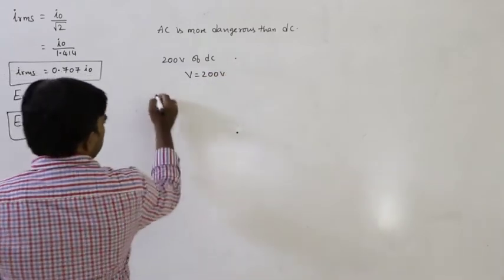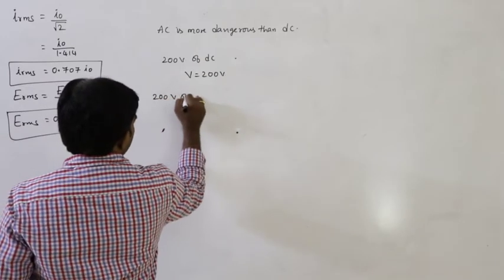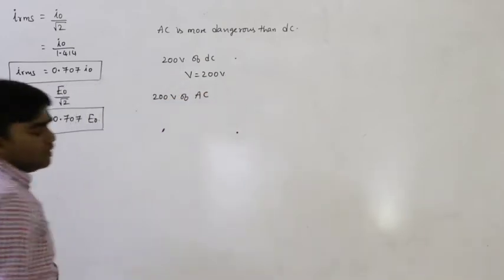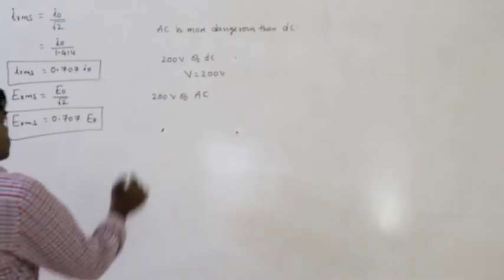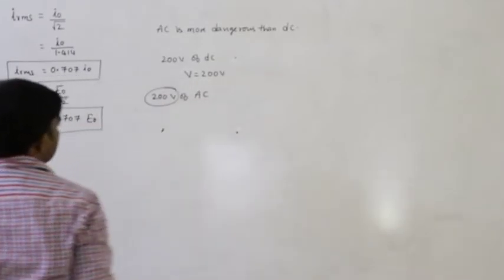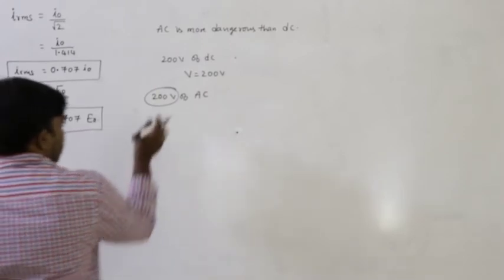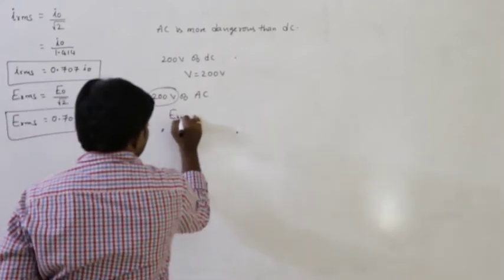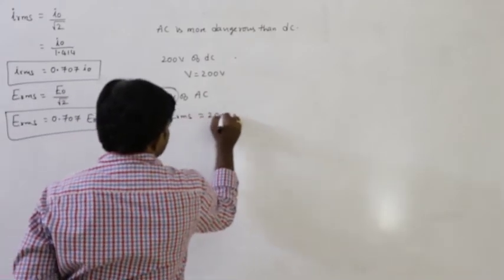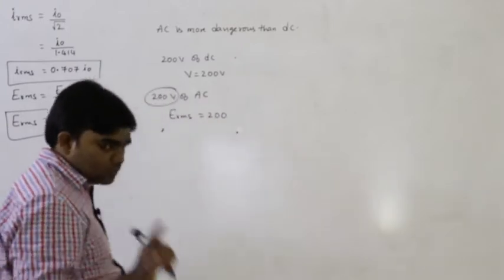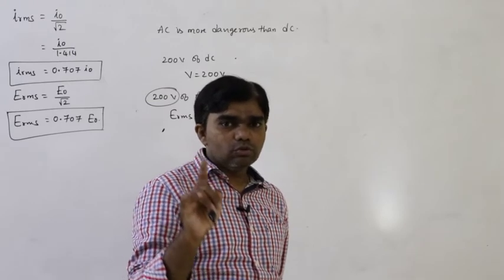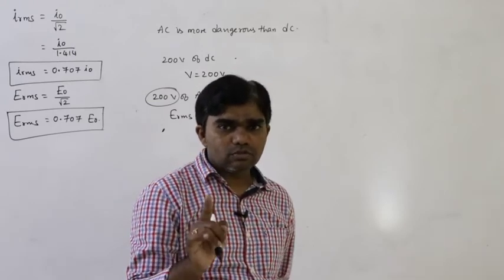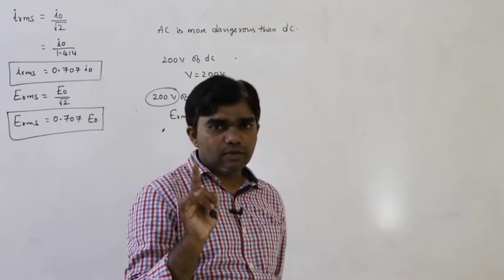But here, 200 volts of AC, the mentioned value is 200 volts of AC. So what are the given or measured values here? Only RMS values must be given. Whatever values are mentioned in the problem, in case of alternating values, those must be RMS values.